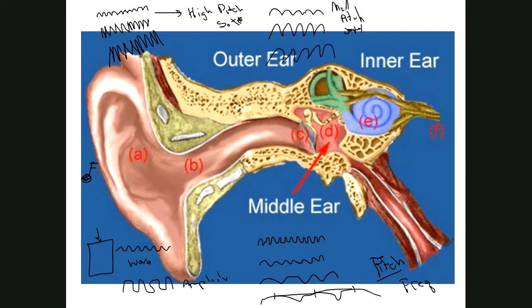And then look, if I take this one, this is a low pitch sound. And again, the bigger the peaks are, the louder it is. Does that make sense to everyone? Does everybody understand how sound works?